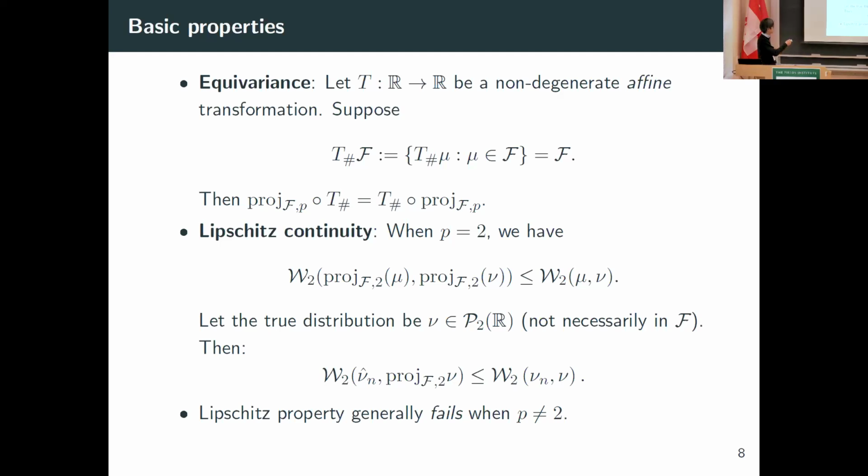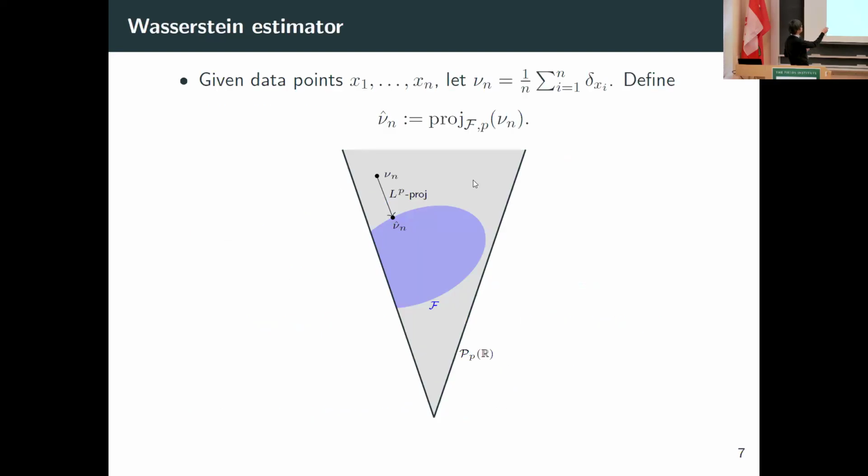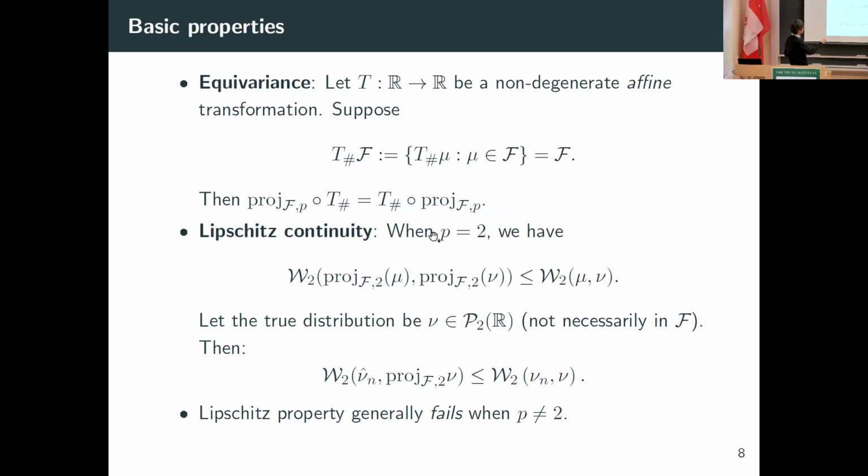A nice consequence of this Lipschitz property is the following. There are two such consequences. The first is that even if my true distribution is not in the shape constraint set, we can still say something. Suppose the true distribution is at this point. You project both onto the constraint set, and the distance between my estimator and the projected true distribution is bounded above by the W2 distance between the empirical distribution and the true distribution.